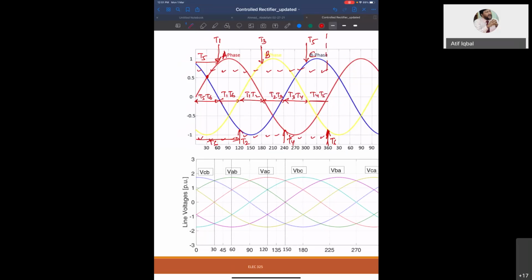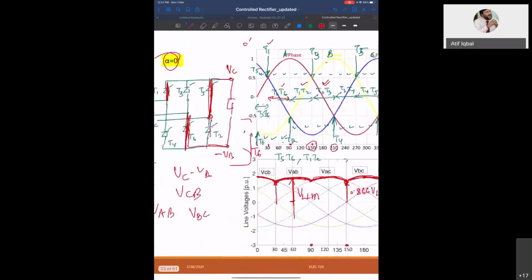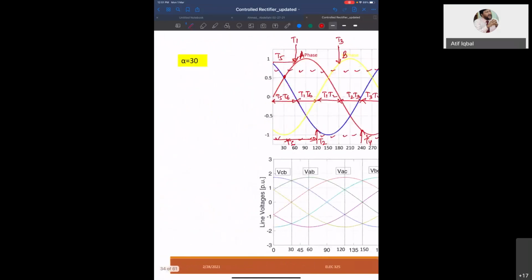Now I have to plot the line voltage. So when you have T5, T6, what is the voltage that you get? VCB. Yes, for T5, T6. Then T1, T6, then T1, T2, then T2, T3, then T3, T4, then T4, T5.